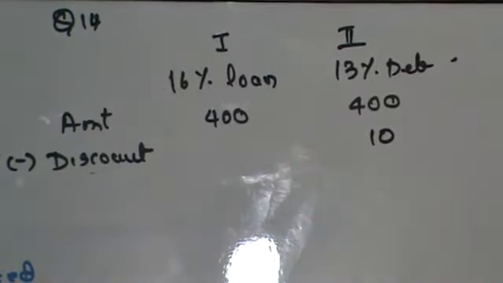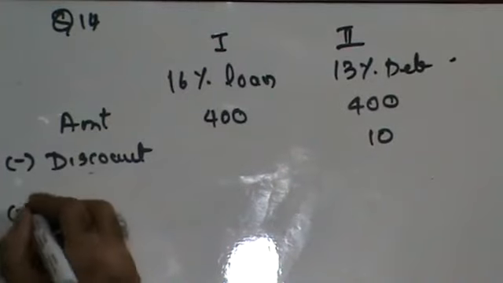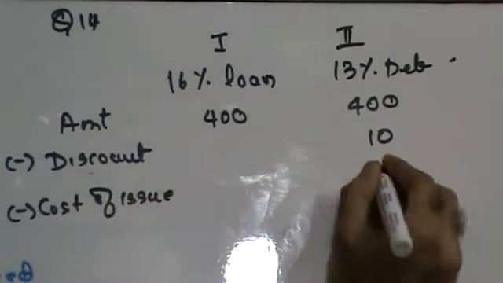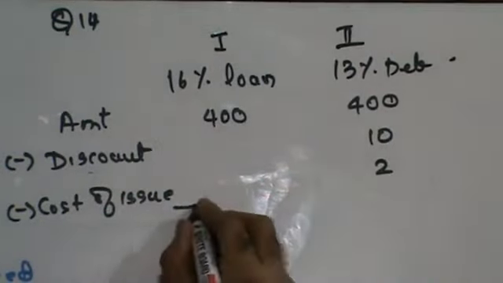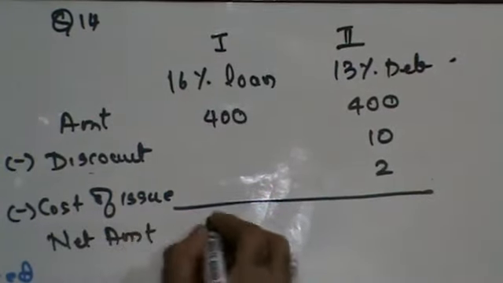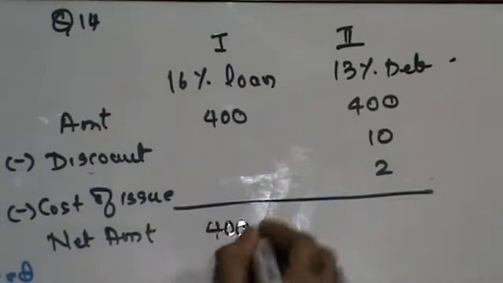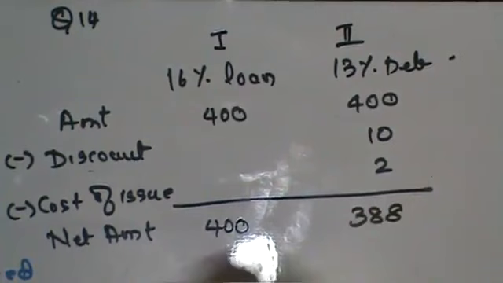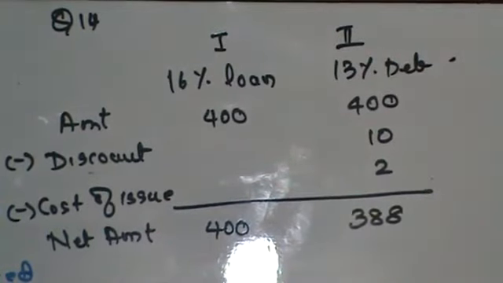So I'll have to give a discount. Besides this, the cost of issue is 2 lakhs, right? So the net amount that I will get in the case of the 16% loan is 400 lakhs. In the case of the debentures, it is going to be 388 lakhs, right?